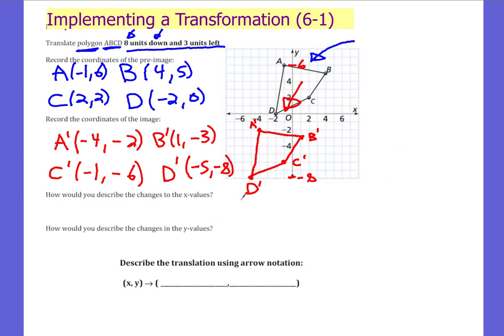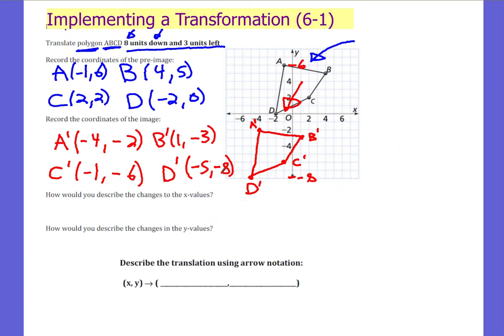And so let's look at what happened to the X values. So the X values, I can look over and say, well, each one of these, if I look at on the graph, A went over to the left 3, but I can also look at the coordinates, -1 to -4, that's like subtracting 3 from it, 4 to 1, subtracting 3, 2 to -1, subtracting 3, -2 to -5, subtracting 3.